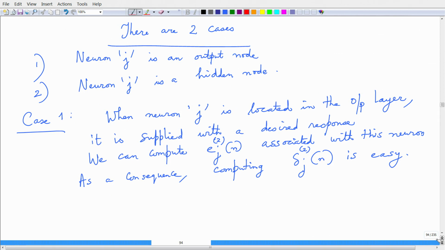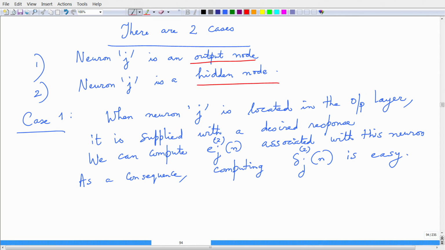There are two cases. As I mentioned earlier, neurons can be in the output node as well as in the hidden layers. So, since we are discussing throughout with a single layer of hidden neurons, we can have only two cases: neuron j is an output node, or neuron j is a hidden node.